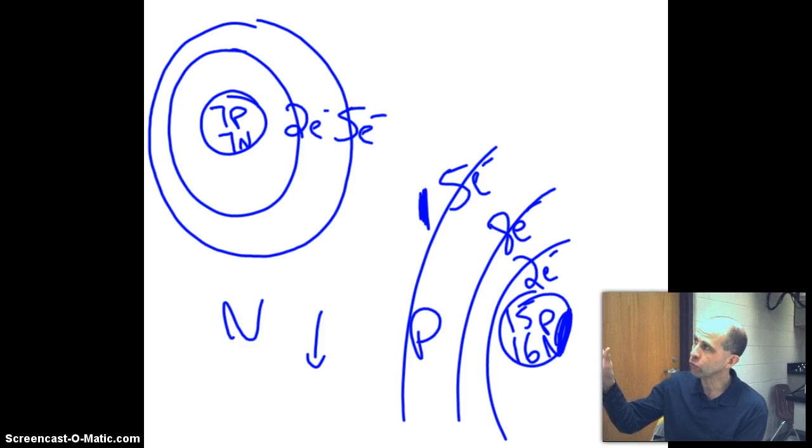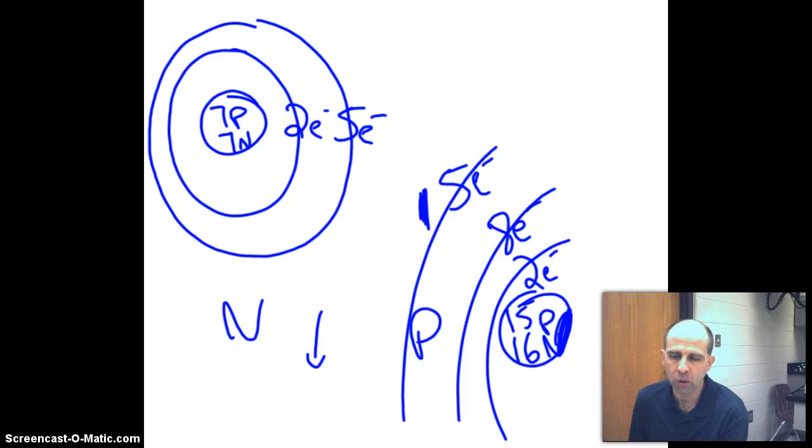Now, having the extra shells and being held less tightly, as you go down a family on the periodic table, the trend is the radius gets bigger, and that affects every single thing that's related to electrons and whether or not you want to gain them. You'll run across definitions for electronegativity, electron affinity, and ionization energy.